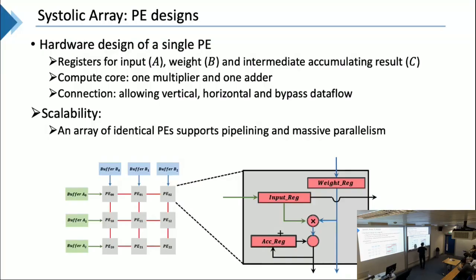And the C will not fit into this multiplier, because the multiplier is connecting the input register and the register holding B. If you have the C streaming in, you just add them together using this accumulator.